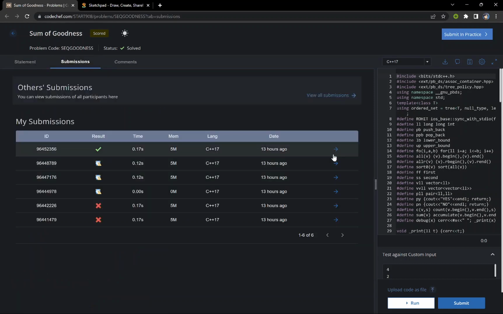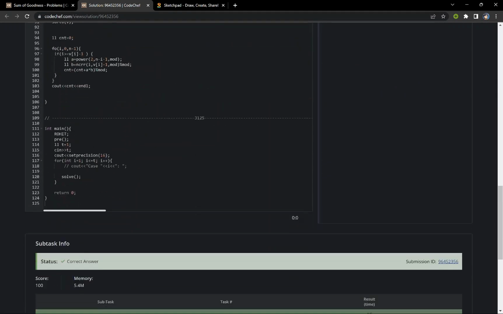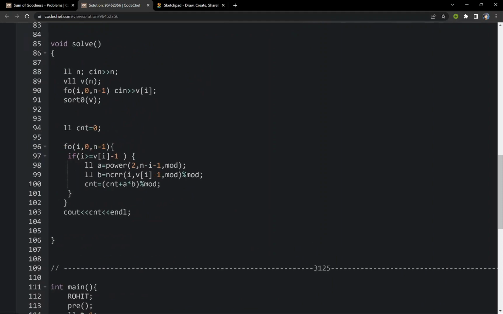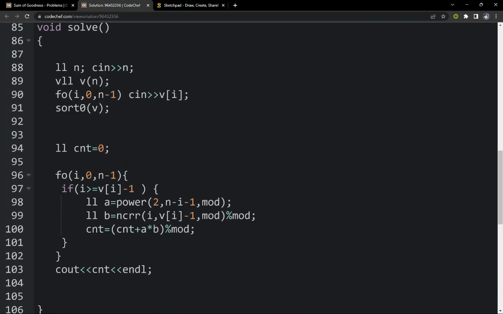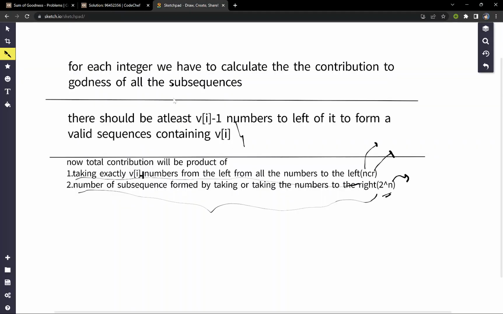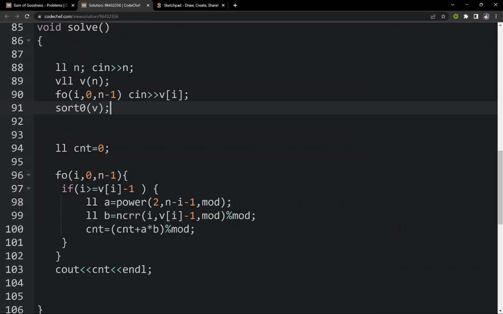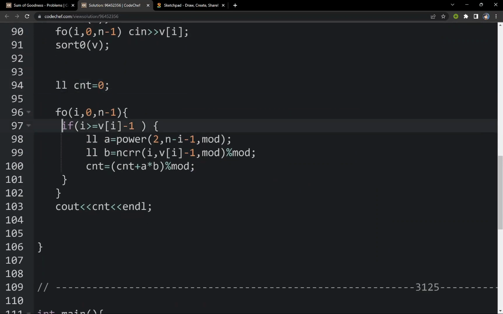So moving on to the solution, there is something you must know. There is some pre-computation we have to do in this problem. I will show you the pre-computation afterwards. I have taken the vector as input and sorted it first, right? After sorting I have initialized a counter variable, and I am checking whether there are at least v of I minus 1 numbers smaller than it or not.